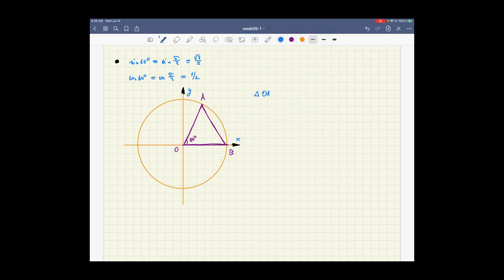Triangle OAB is equilateral. Why is that? It is isosceles, since OA and OB are both 1.